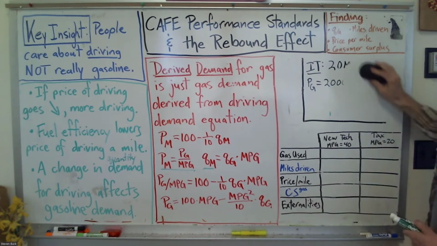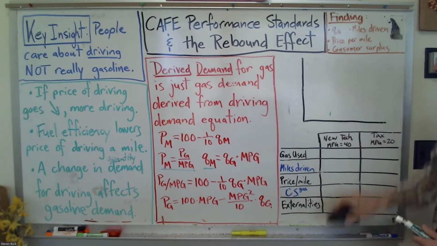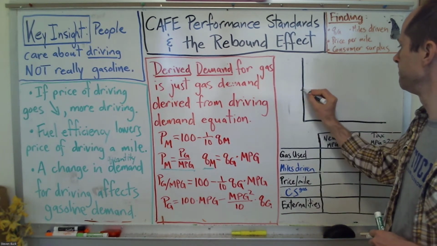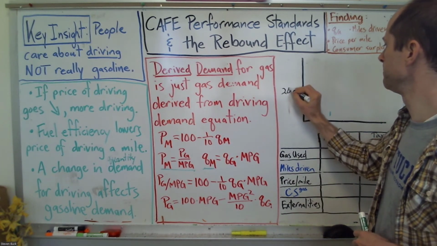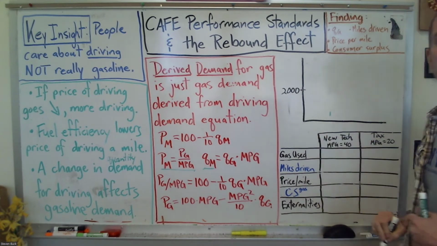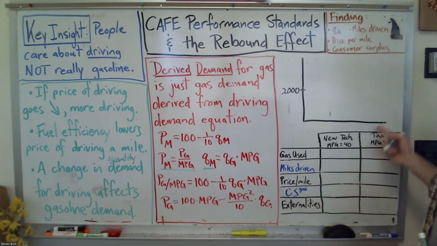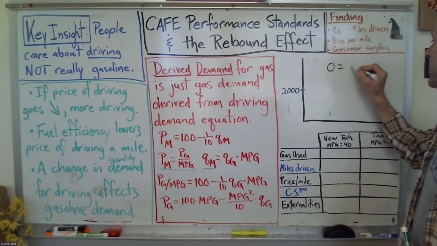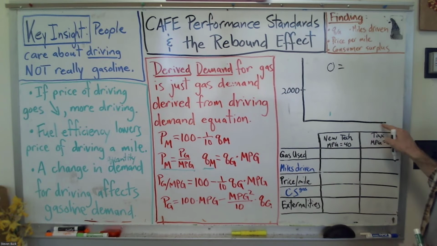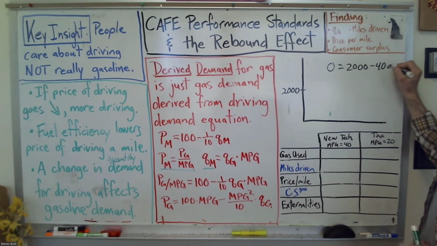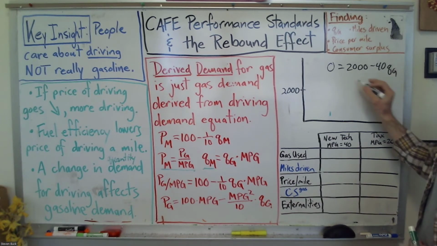Let's graph this. $2,000 was our y-intercept. We can solve for our x-intercept by setting our equation equal to 0 because this represents 0 price. So we have 2,000 minus 40 QG.